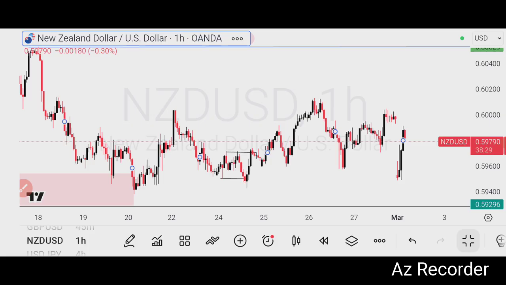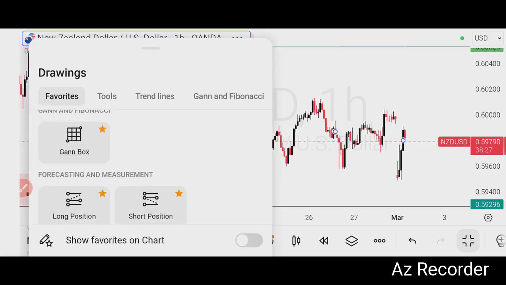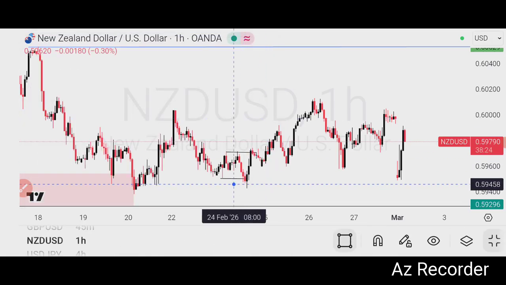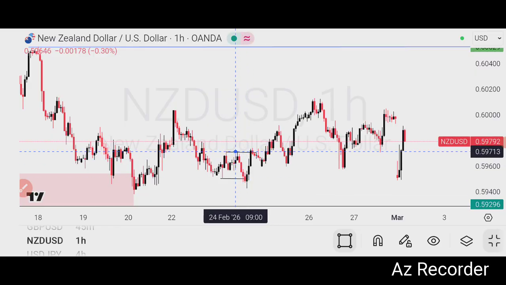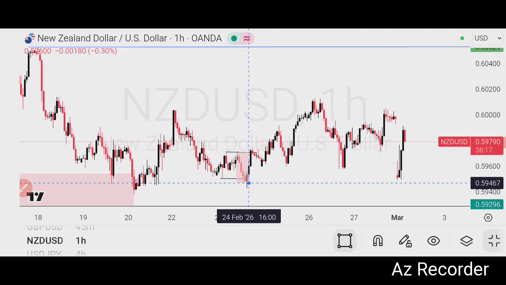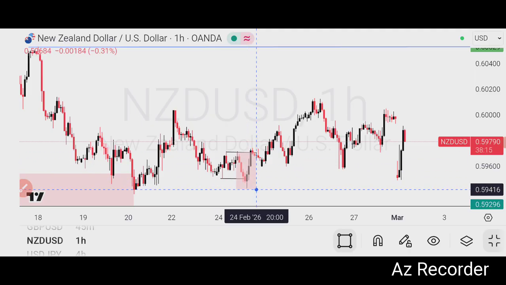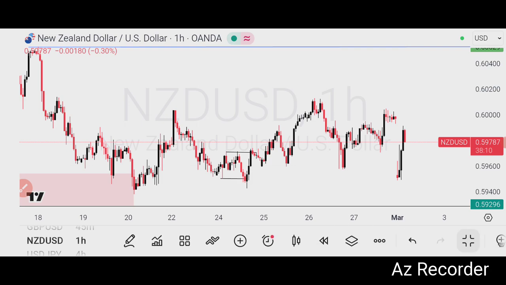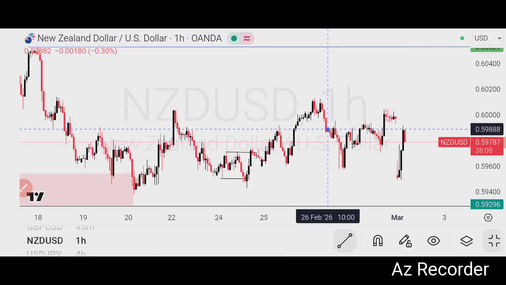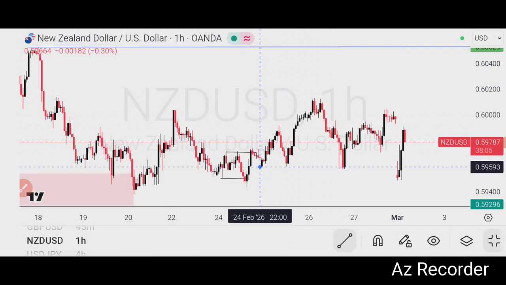Now remember, whenever you have your liquidity block and a break of structure, that is a sweep break of structure, that zone entirely from the last high that caused that break of structure to this low is your liquidity block. So whatever low that is there needs to be taken out before the market can go to the other side. So this was the last low that was created, and we had what?